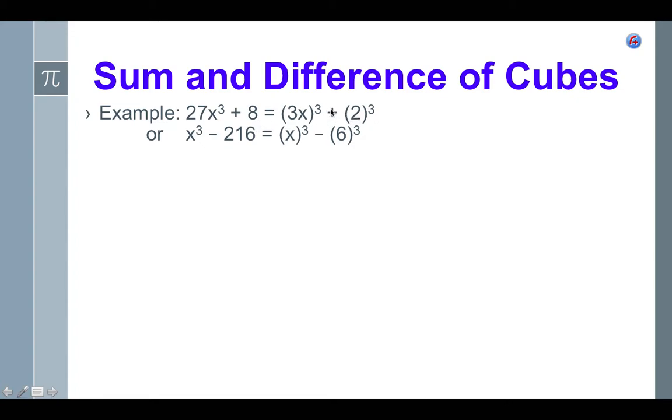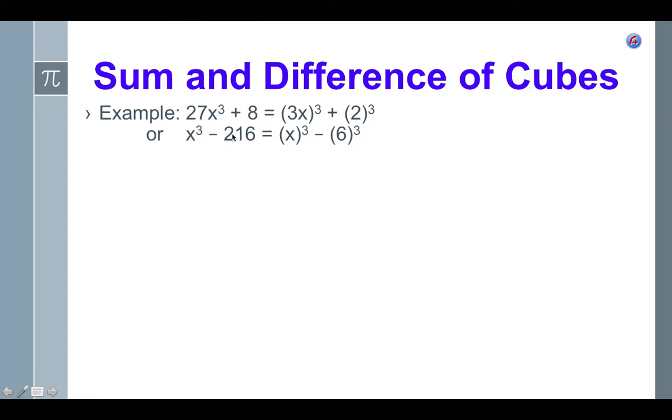So this would be, because this is addition, the sum of two cubes, whereas the next example here is x cubed minus 216, and that could be x cubed minus 6 cubed, which would mean this would be a difference of cubes.